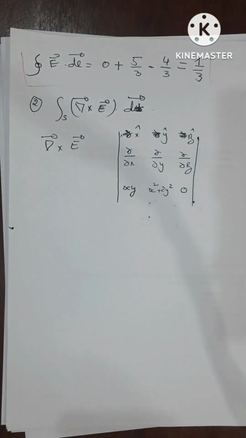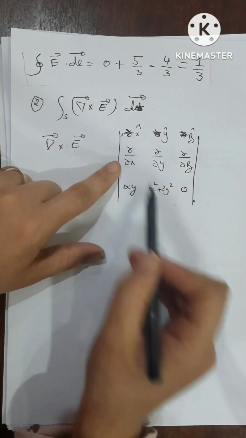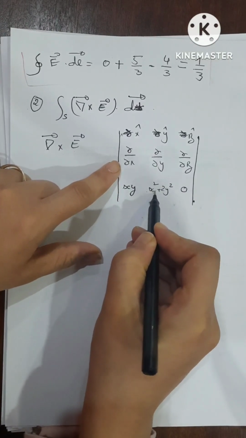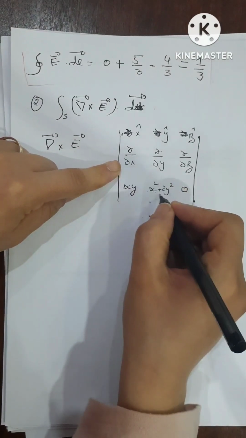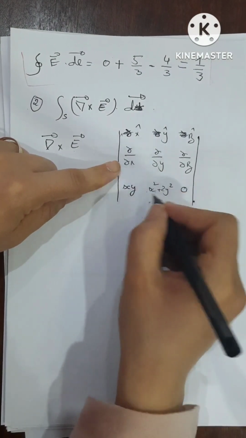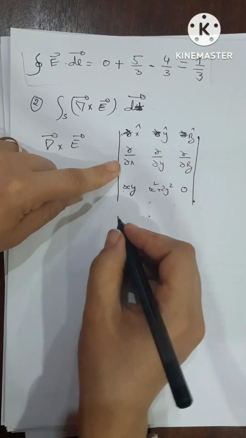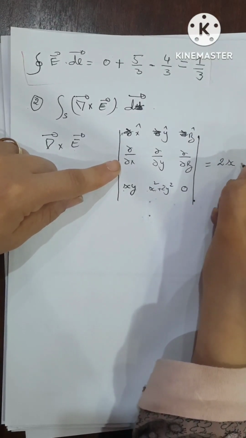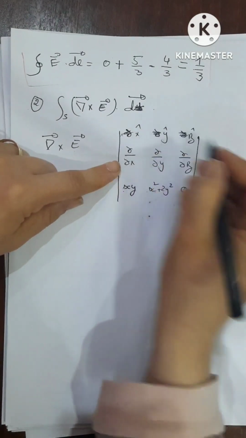Now d over dx of this function is 2x, minus d over dy of this, which is x. So it equals 2x minus x in the direction of z.